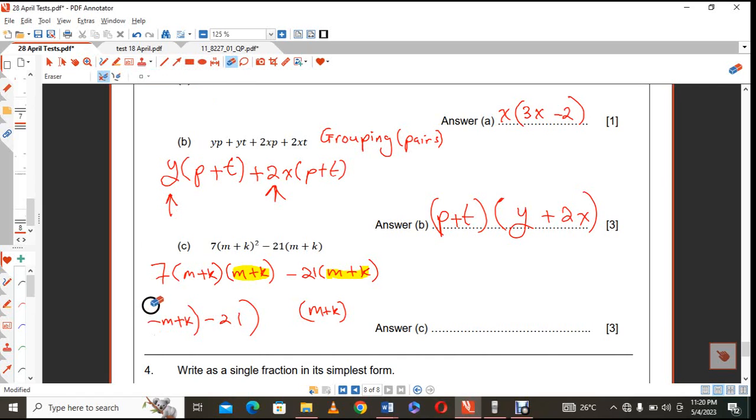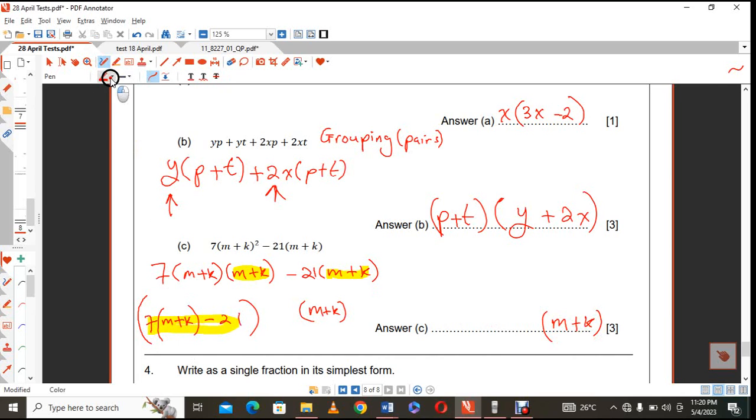Okay, let me go back. So I have the 7 in front, and like that. Right, so m plus k, we know it will appear in its own bracket. That is not a problem, it's here. The problem is this one here. Well, I can write the whole bracket like that, or I can still do something there.